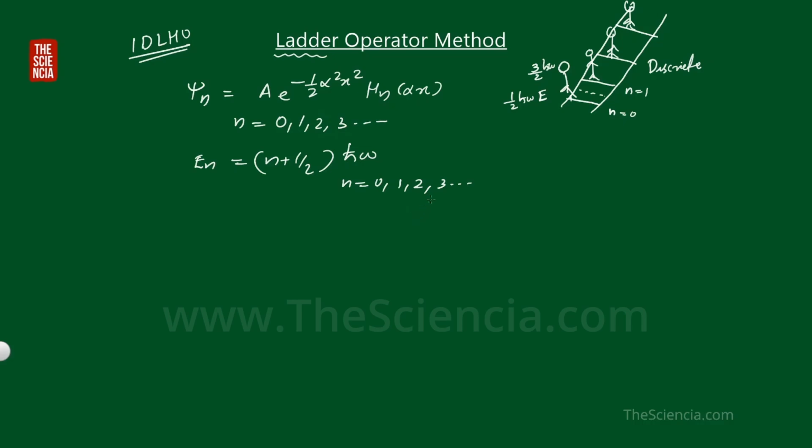That is why we can use ladder operators in quantum mechanics, because these values are discrete, not continuous. Everything in quantum mechanics is quantized, therefore we can use ladder operators to solve some problems. We will discuss the kind of problems we can solve using ladder operators.